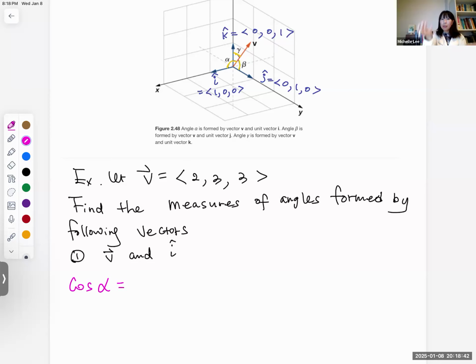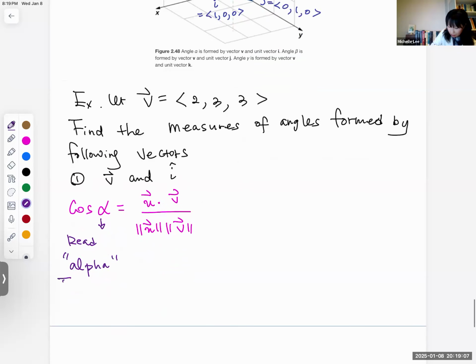Dot product of U and V divided by the magnitude of each vector, so U dot V over magnitude of U times magnitude of V. With alpha, a Greek letter, we can just replace U, V with V, i.